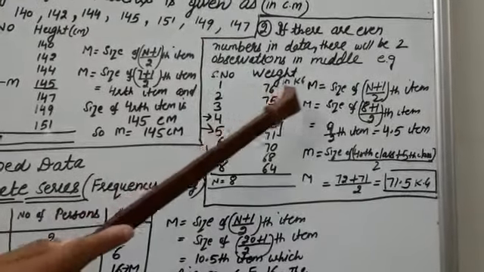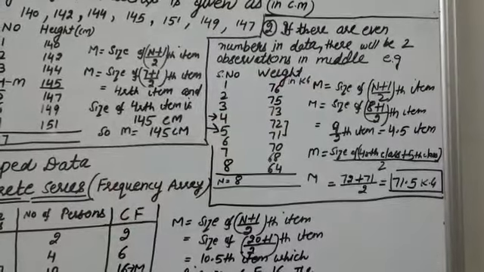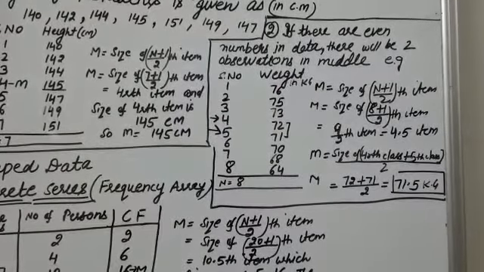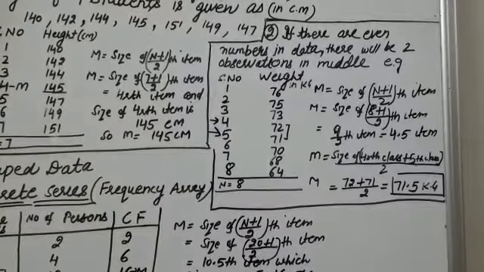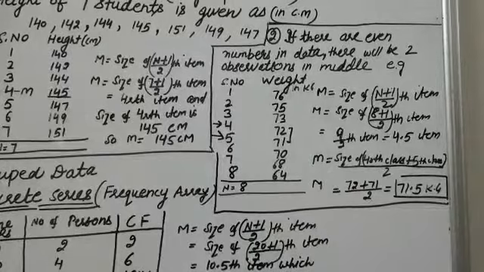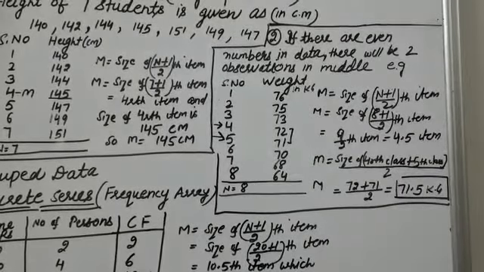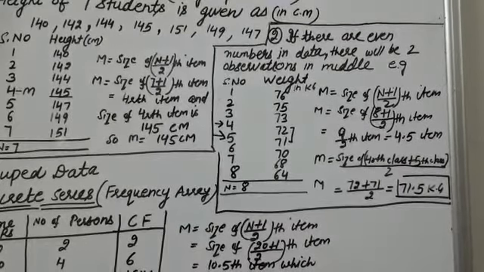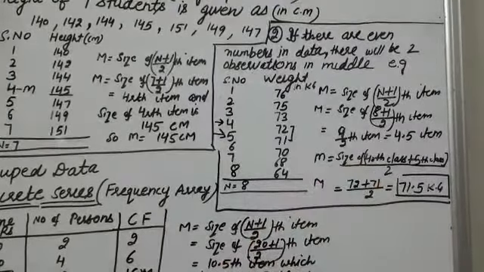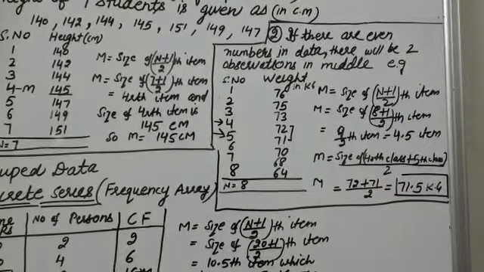So M is equal to size of (n plus 1) by 2 th item. So median is equal to (8 plus 1) upon 2 th item, which is equal to 9 by 2, that is the 4.5th item. So in this case, median is equal to size of (fourth item plus fifth item) divided by 2.